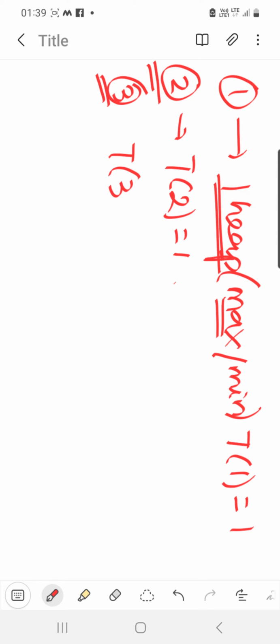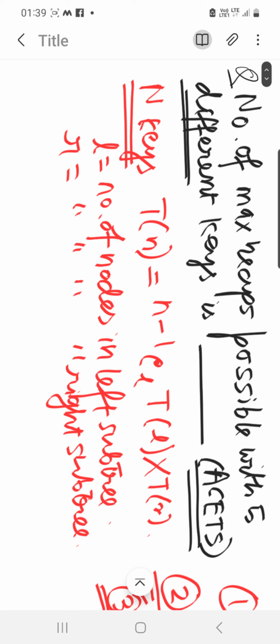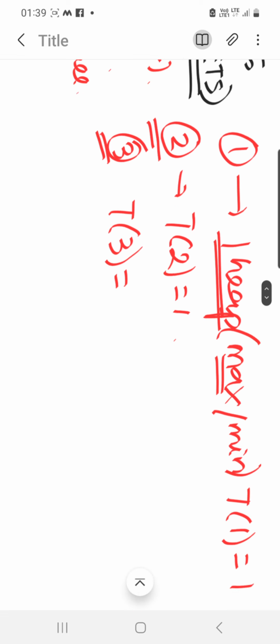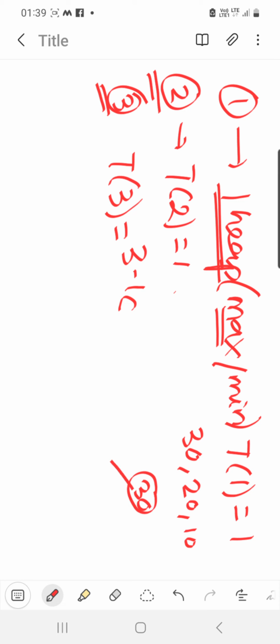So T(3) is basically, I have to use this formula, T(n) = (n-1)C(L) * T(L) * T(R). So it is (3-1)C(L). How many nodes will be in the left subtree? For the three keys 30, 20 and 10, the heap should look something like this.